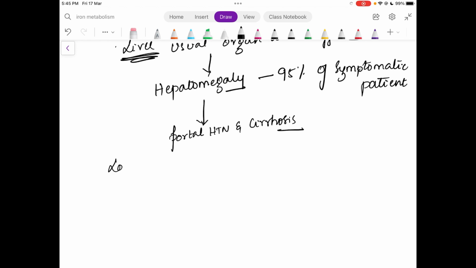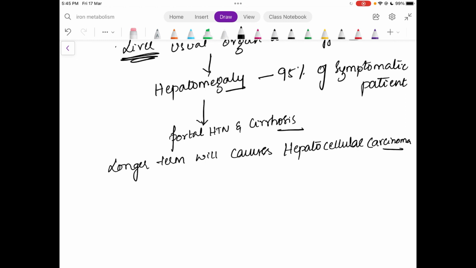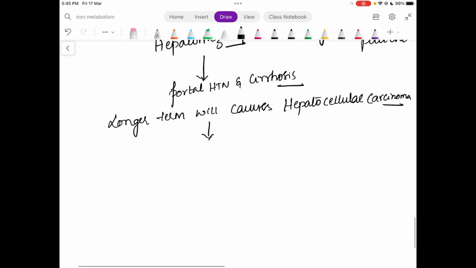In the longer term, cirrhosis will cause hepatocellular carcinoma. This hepatocellular carcinoma is seen in 30% of patients with cirrhosis.